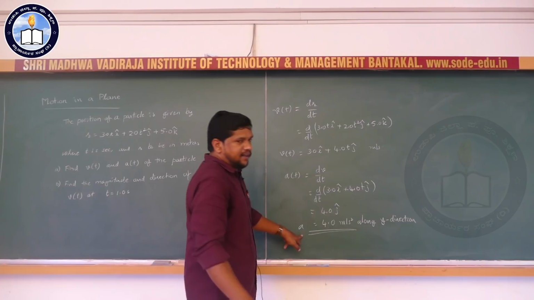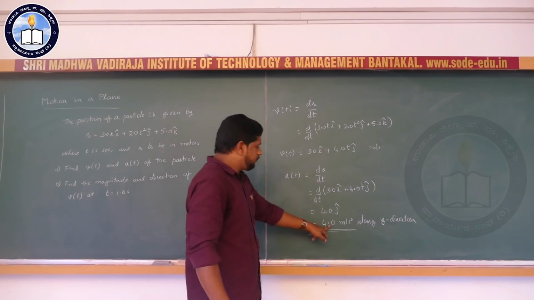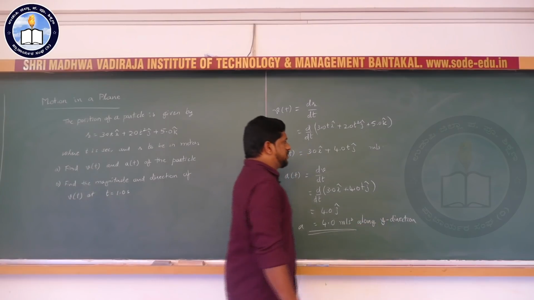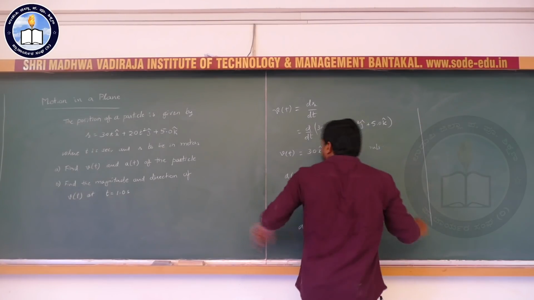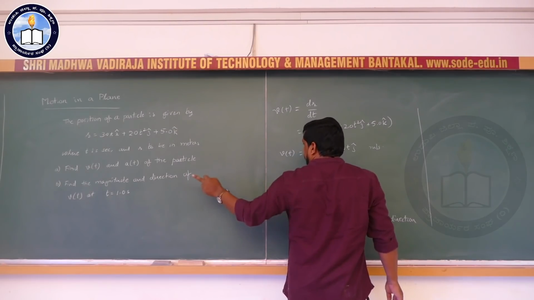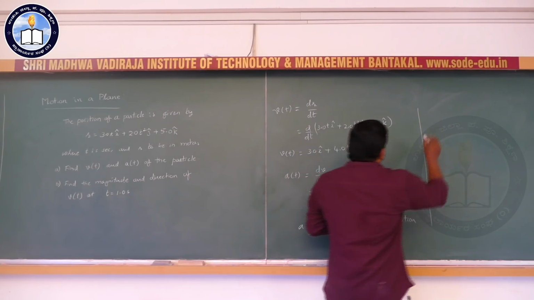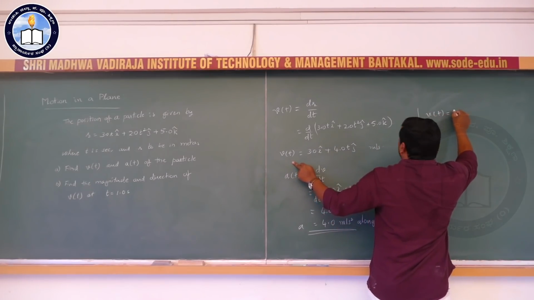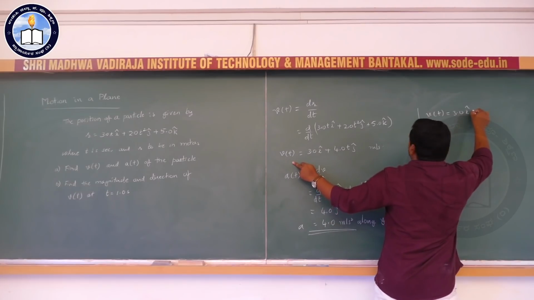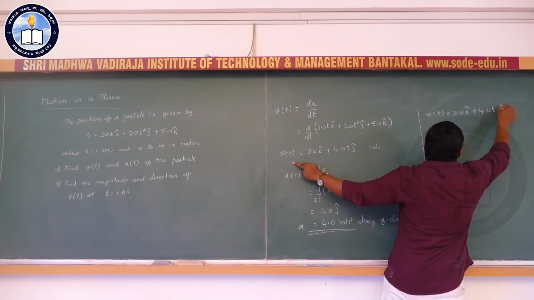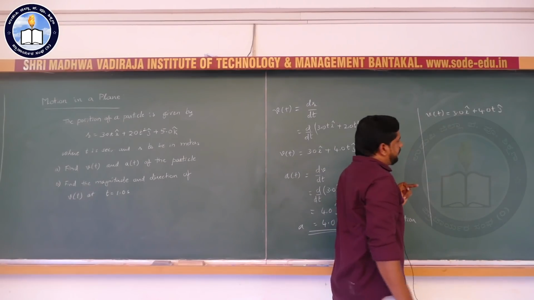So this is the magnitude of acceleration, 4 meter per second square, along the y direction only. Now the last part: find the magnitude and direction of velocity v of t at t is equal to 1. We know that v of t is equal to 3.0 i cap plus 4.0 into t into j cap.